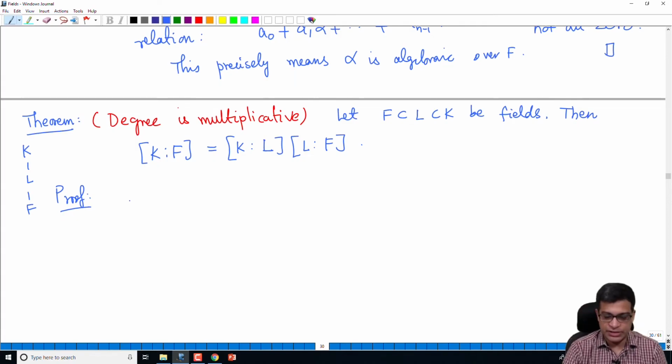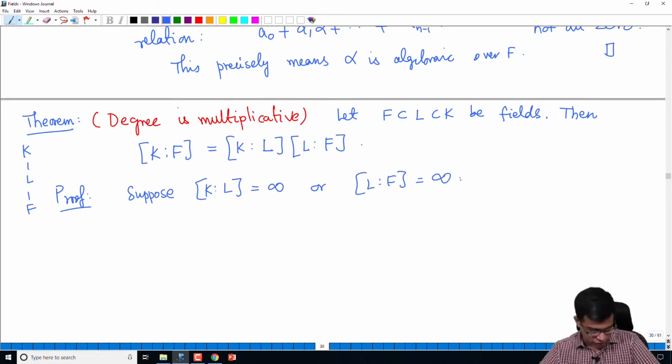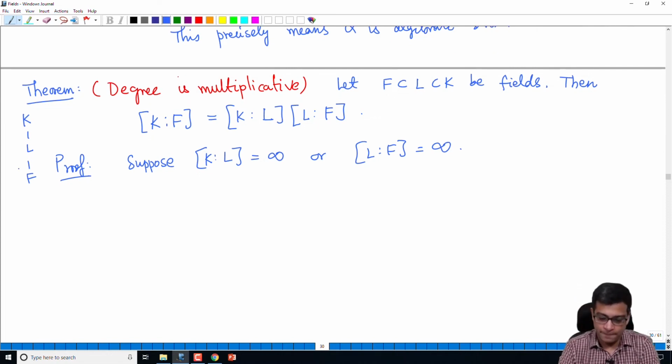So let's first settle that case. Suppose K colon L is infinity or L colon F is infinity. At least one of them is infinity. Then what happens?